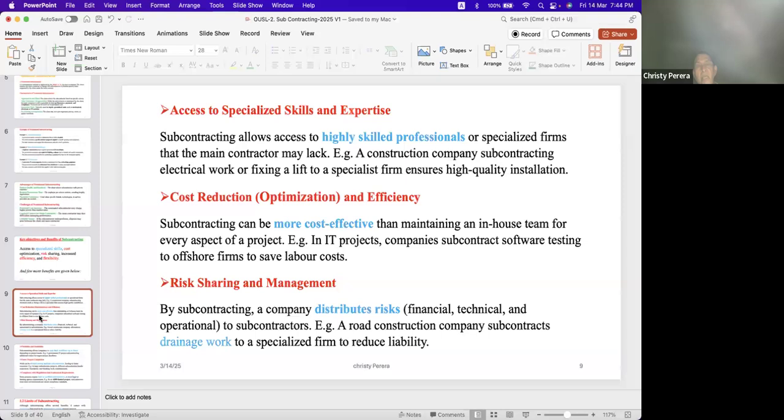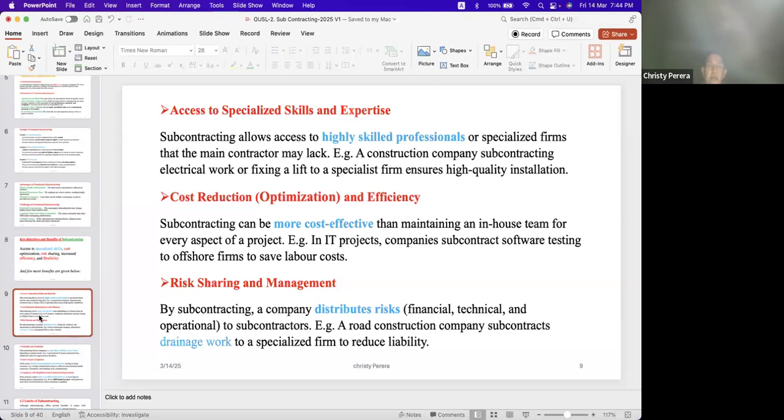For example, in IT projects, companies subcontract software testing to offshore firms to save labor costs. That can be done. The contractor will select an offshore firm to subcontract that part, software testing or software security.